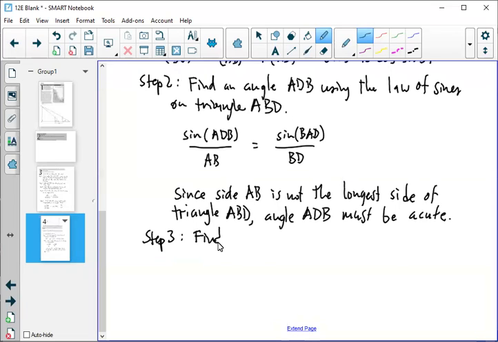Next, we want to find the angle BDC using the law of cosines on angle BDC.